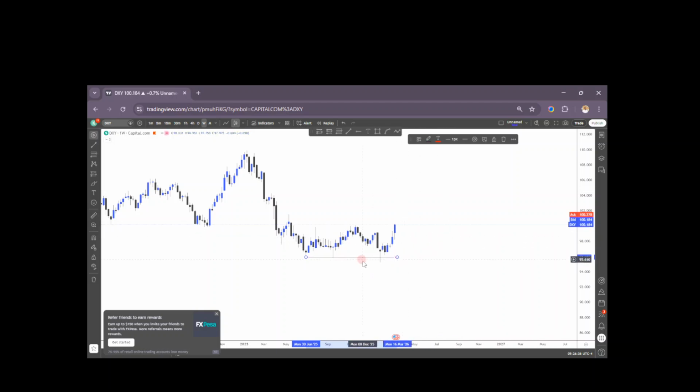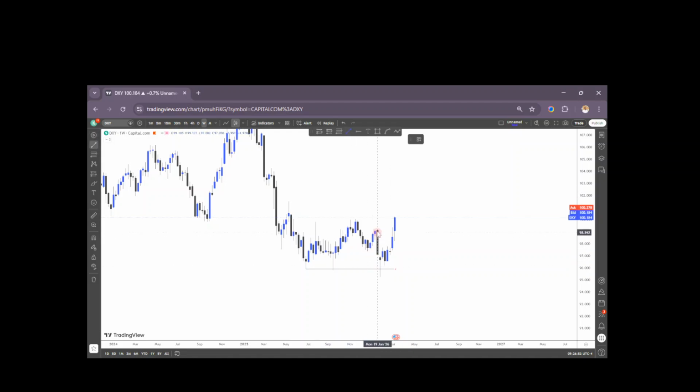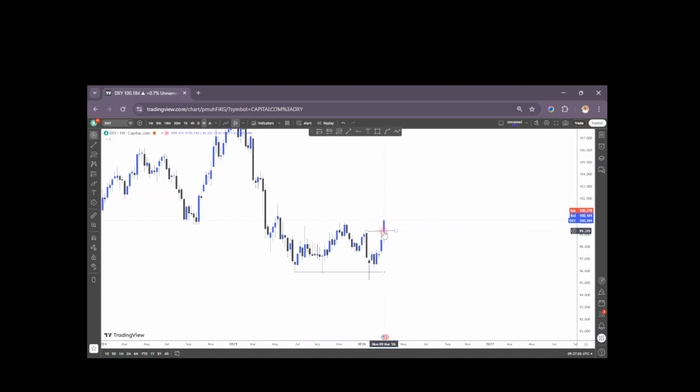And from there, the market reacted from these swing lows, and after taking out sell side liquidity, we go for the buy side liquidity. So our target has always been to first see this high taken out.